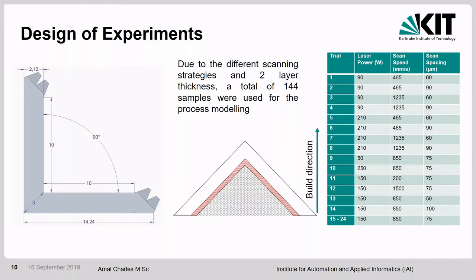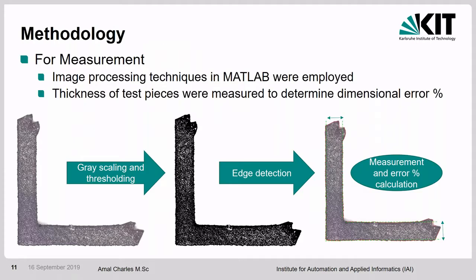First, we started off by doing regression modeling. We wanted to statistically analyze once we had built and measured the samples. We used an image processing technique. We wrote code in MATLAB to batch process our images. Quite simply, we grayscale the images and apply a threshold for all of them.